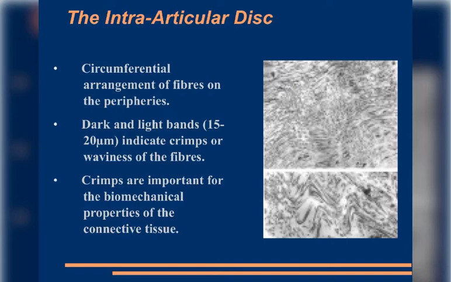These dark and light bands, as you can see, indicate crimps or waviness of the fibers. Crimps or waviness of the fibers is important for the biomechanical properties of the connective tissue. It has a greater ability to withstand stretching.